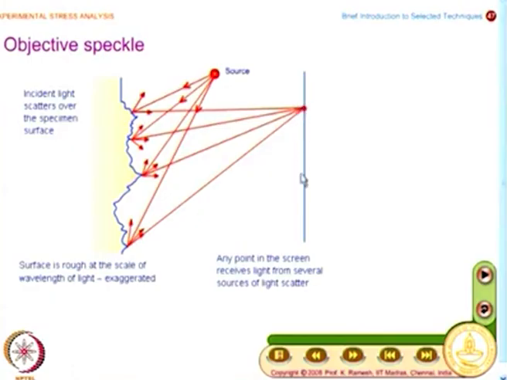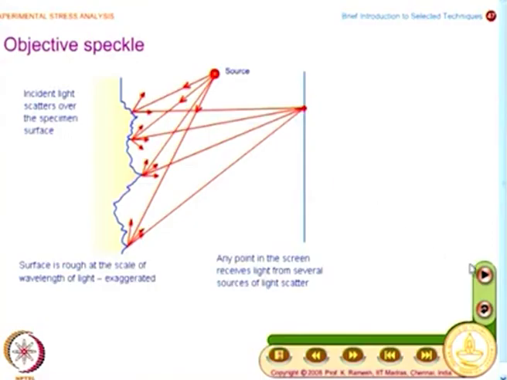And I take another illustrative point, where again I will have light rays from all the scattered points. This is the key point: any point in the screen receives light from several sources of light scatter, which is an important characteristic of objective speckle.